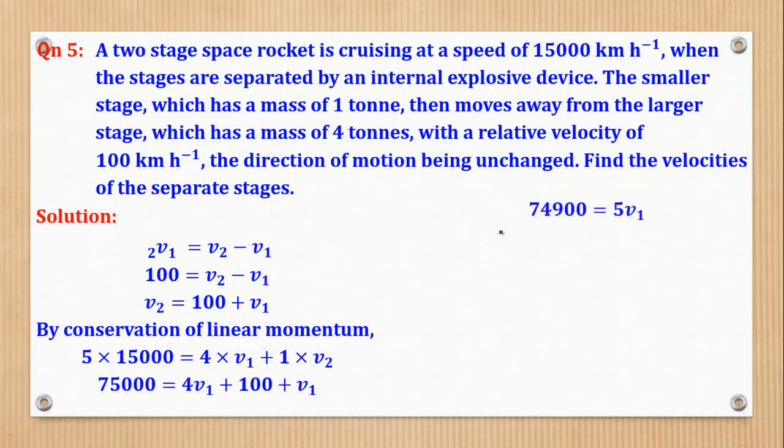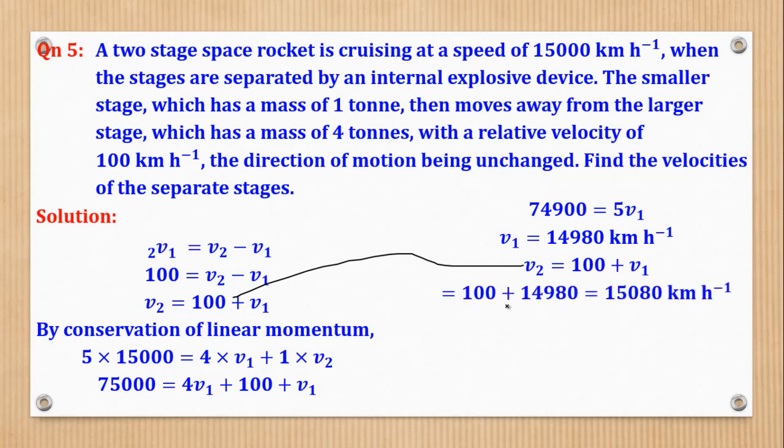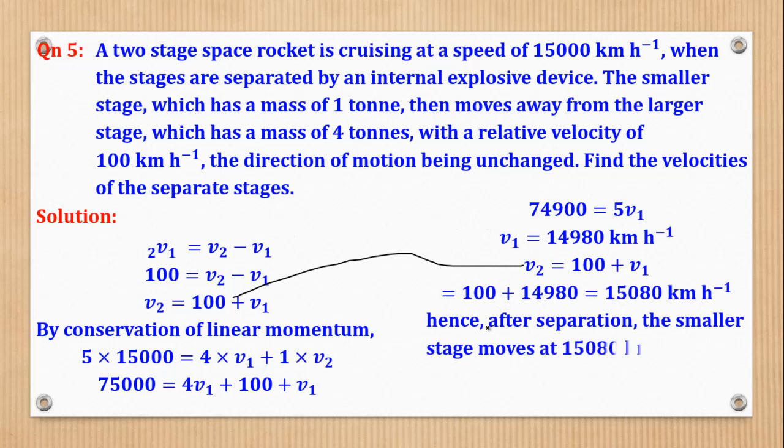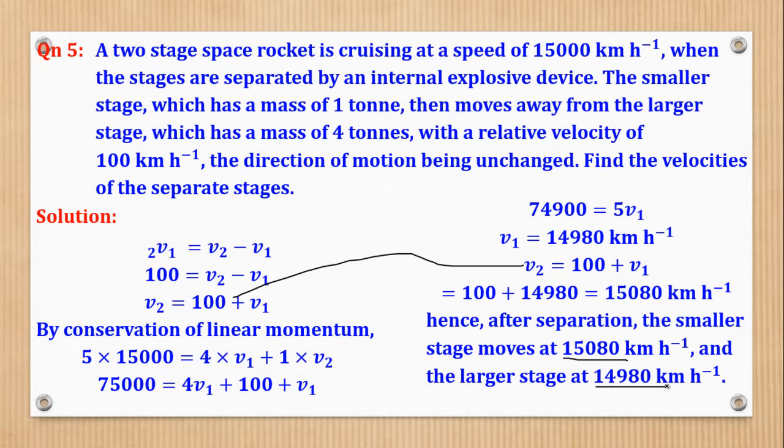Then simplify to get the value of V1. After getting V1, I can now get V2 from here, which is that. Hence after separation, the smaller stage moves at this, and the larger stage moves at that. And that's what they wanted.